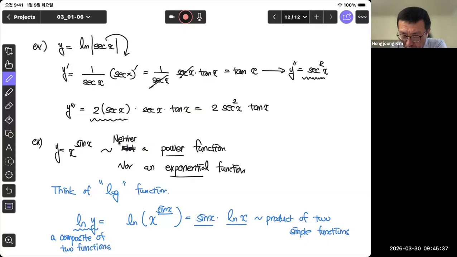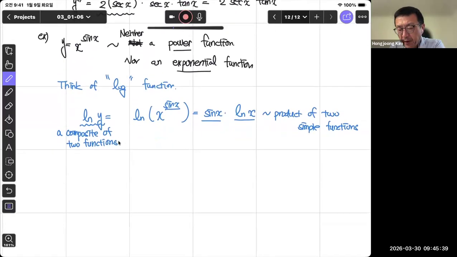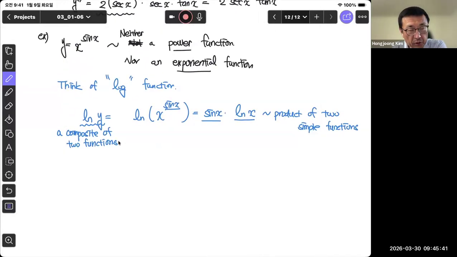So what is the next step? I can differentiate both sides with respect to x. And then for the left hand side, I need to use the chain rule. So I just took the log function to convert the function into a simpler shape. So let us differentiate the left hand side.